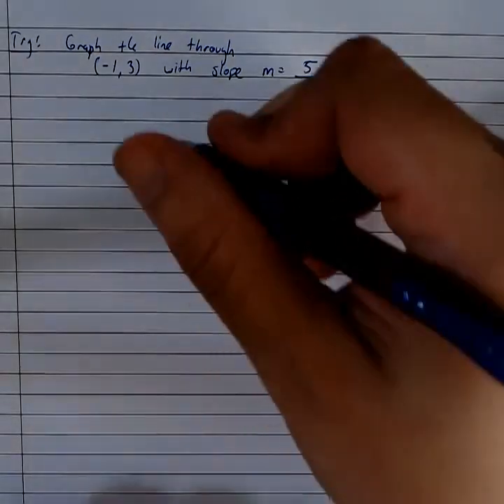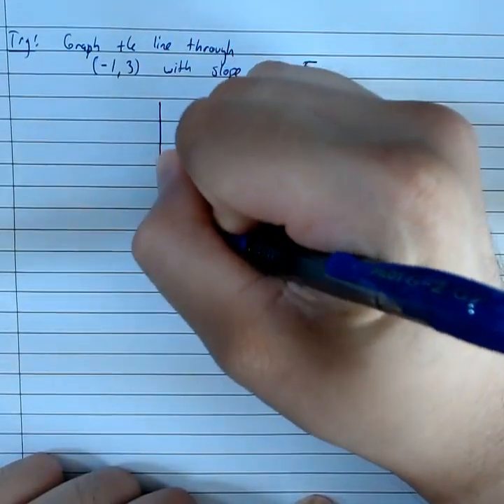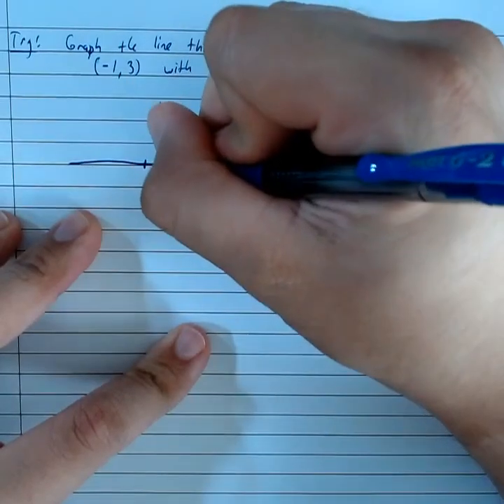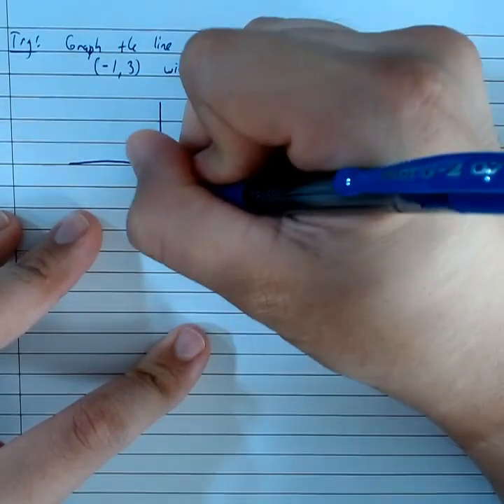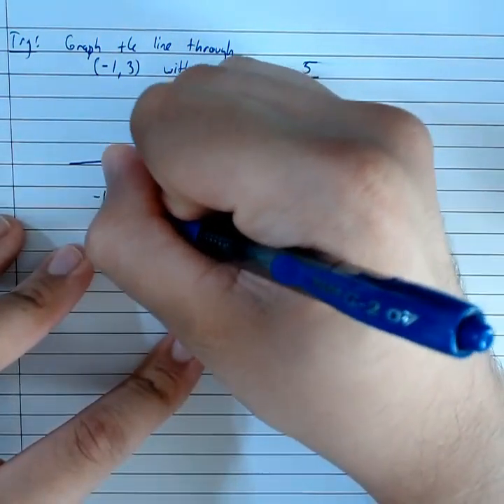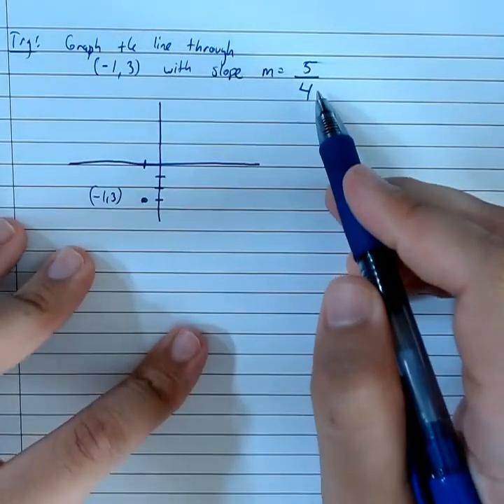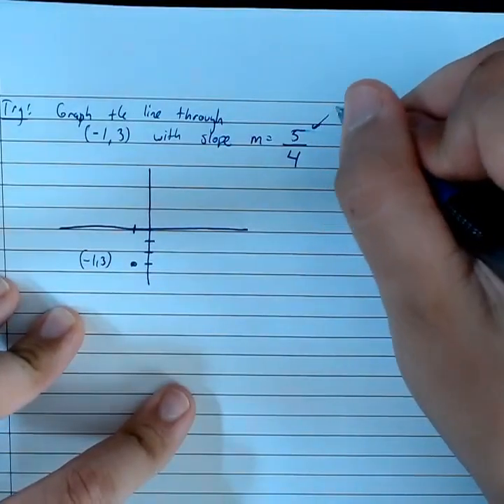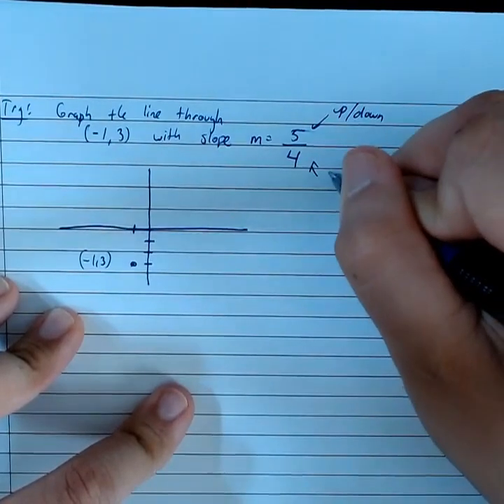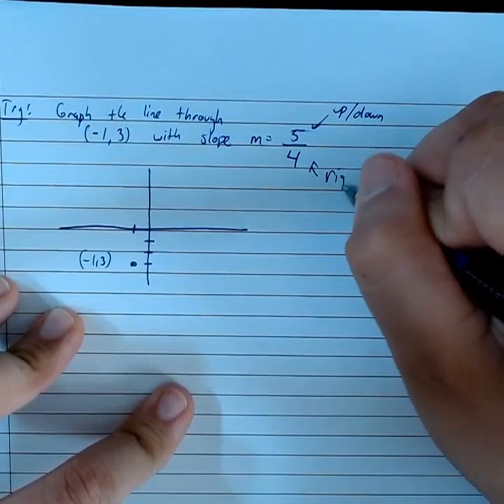All right, so we're going to start off at a point, -1, 3, 1 to the left, down by 3. All right, -1, 3. And now our slope, this top number tells you you're either going up or down. And this bottom number tells you how much you're going either right or left.